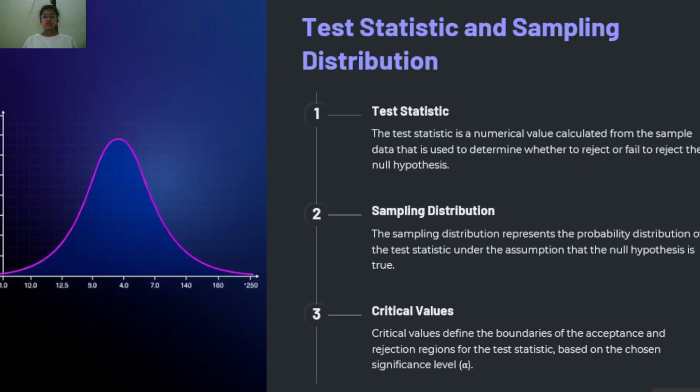Sampling distribution: the sampling distribution represents the probability distribution of the test statistic under the assumption that the null hypothesis is true. Next we have critical values. They define the boundaries of the acceptance and rejection regions for the test statistic based on the chosen significance level. Here we have a graph which depicts the test statistic, sampling distribution, and critical value.